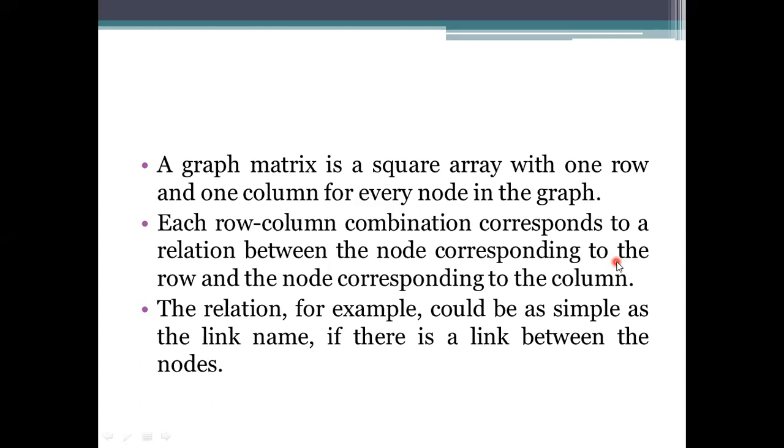If you want to connect to a node, by seeing that matrix representation we have the information that there is a connection to that node. By seeing that only, we come to know whether the path exists or not.